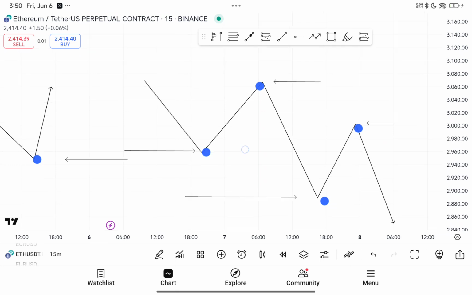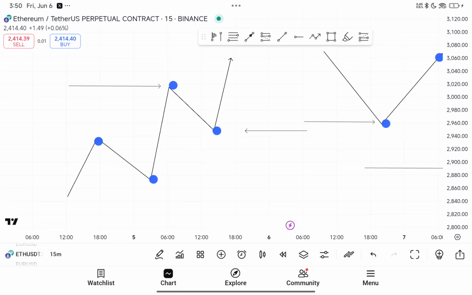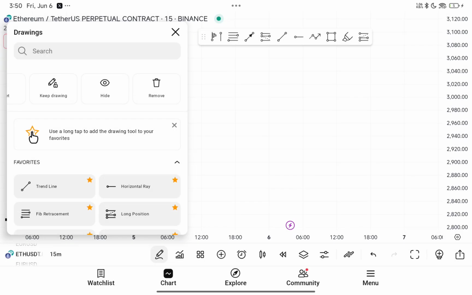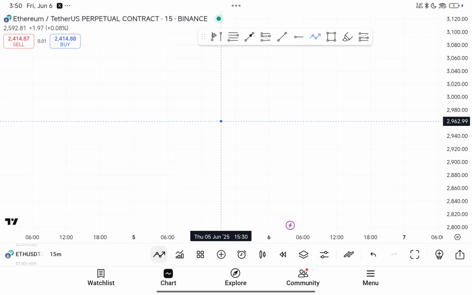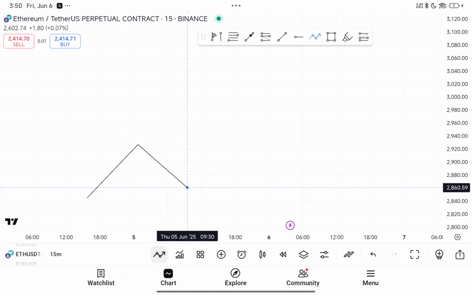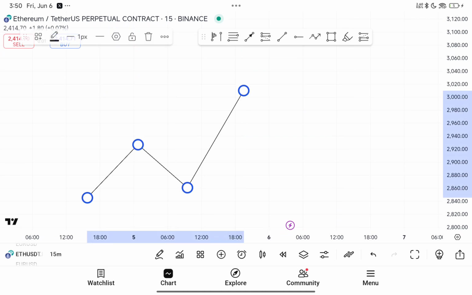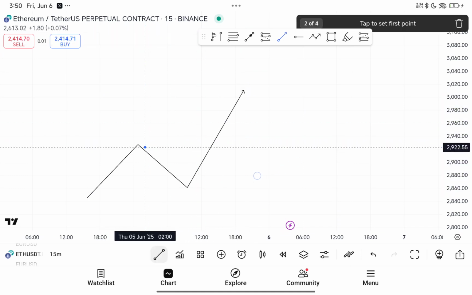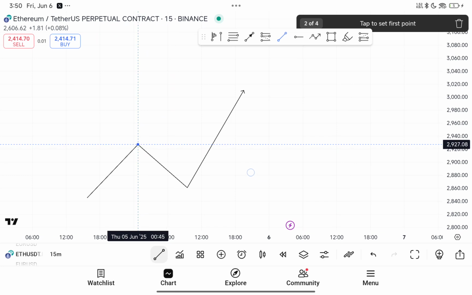Another character of an uptrend is that when the market is about to make a higher high, it breaks a structure. That is an important part you're supposed to know about a trend. If the market is moving up, comes down and moves up, for this market to make a higher high, it must break a structure.